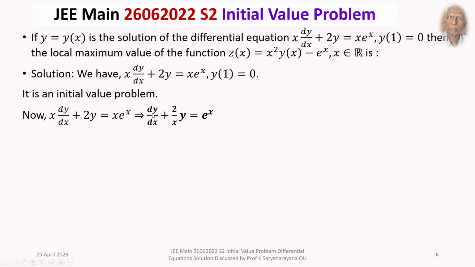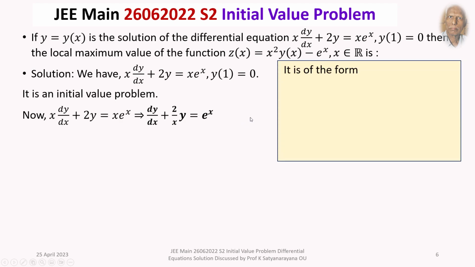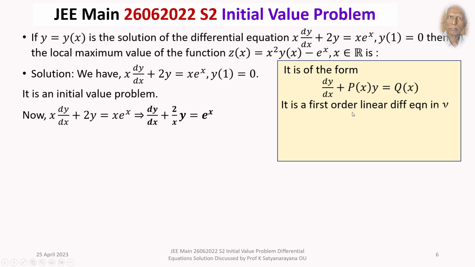It is of the form dy by dx plus p of x into y is equal to q of x. What is it? It is a first order linear differential equation in y. To solve such a differential equation, we first find its integrating factor. The integrating factor is given by e power integral p of x dx.